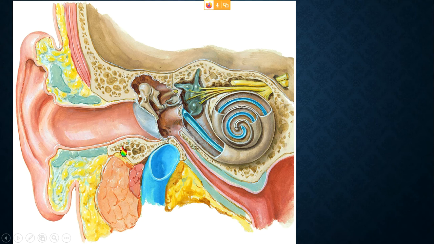A tympanic sulcus is present at the medial end of the meatus, where the tympanic membrane is attached obliquely, so that the floor and anterior wall of the meatus are longer than the roof and the posterior wall. So this is about the external acoustic meatus.